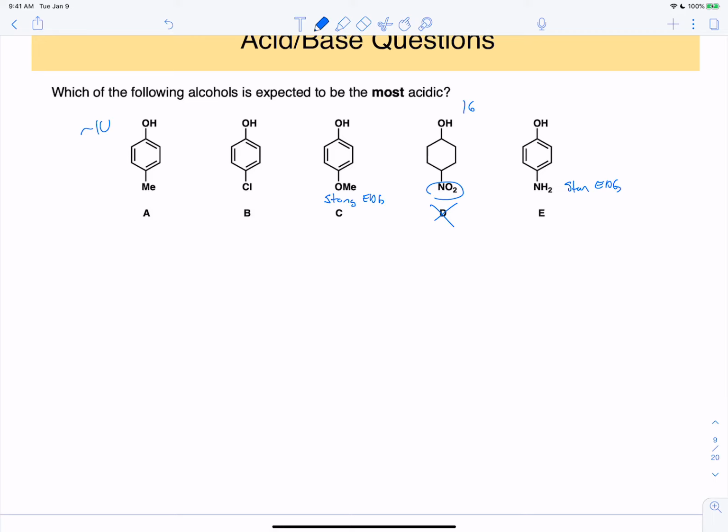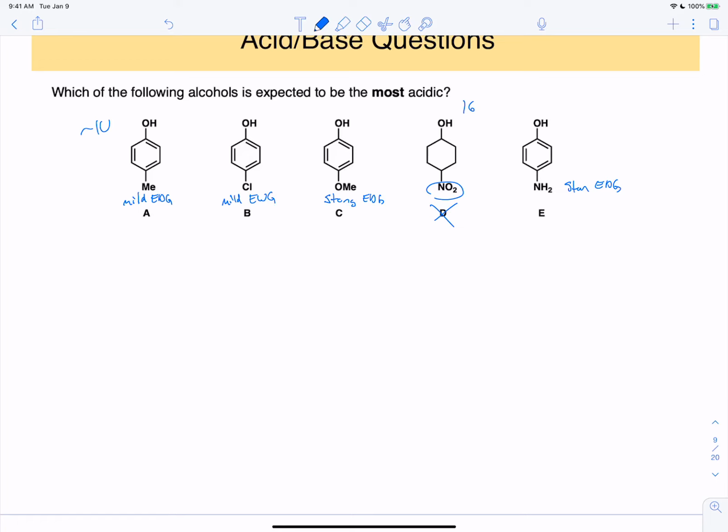So this will be mildly electron withdrawing. Remember how the halide would slow down the rates of electrophilic aromatic substitution. And then we have A with this methyl, which is a mild electron donating group.